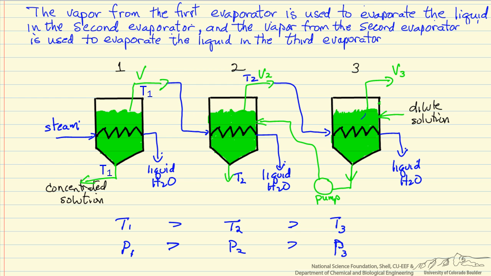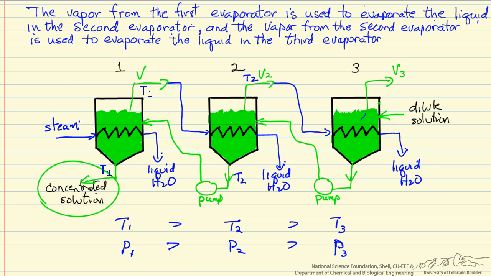So the liquid leaving the second effect also needs a pump to raise its pressure so it can be fed into the first effect where it's concentrated to form our final concentrated solution. And so this describes the triple effect evaporator.